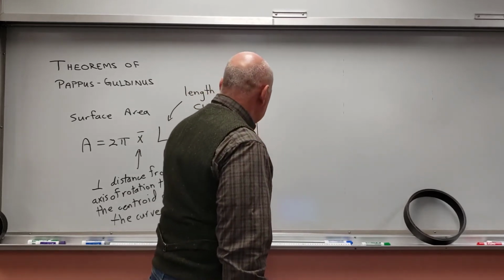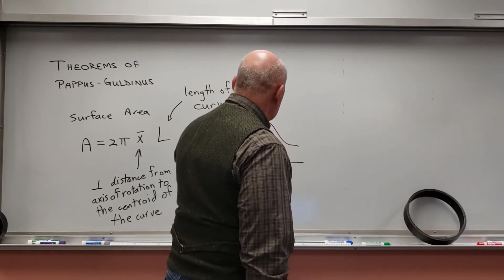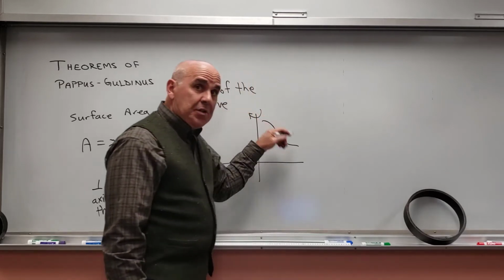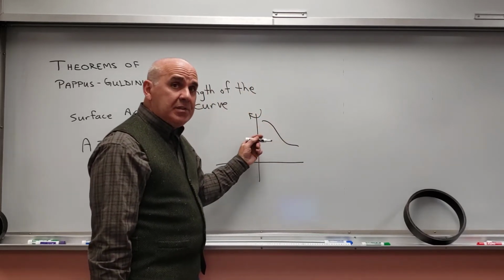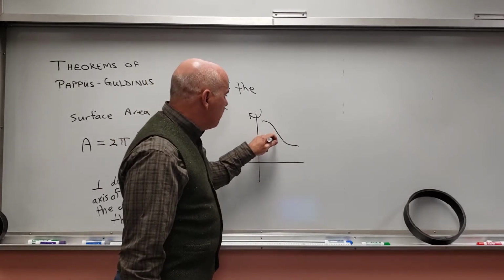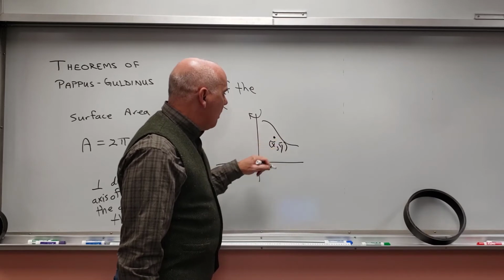Generically, I might have a curve here, and if I'm rotating it around the y-axis, this curve will have an x and a y position of the centroid, and let's say that's right here. So that's x bar, y bar.